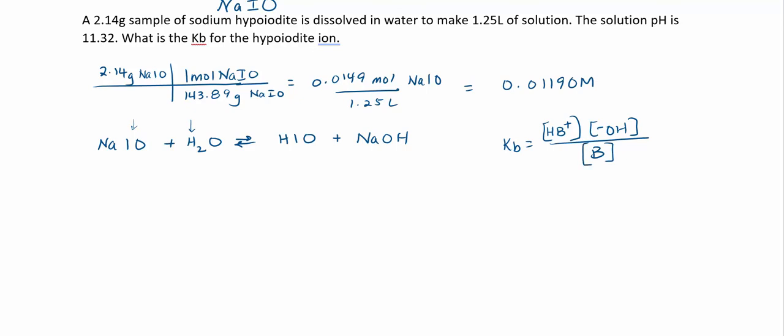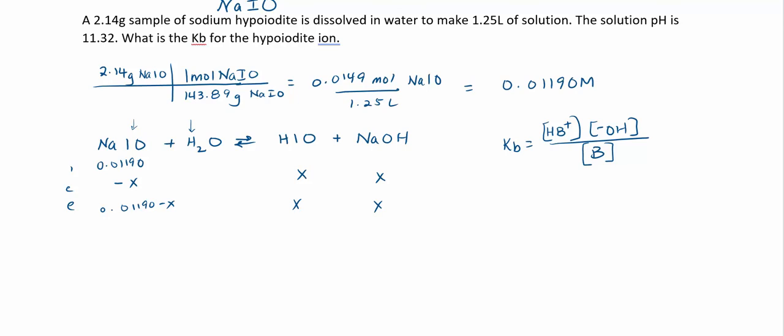Initially, I start with 0.01190 moles of this, and it's going to change by some amount X, which is going to increase each of these products by some amount X, so that at equilibrium, because I am making an ICE table, I should have 0.01190 minus X of my sodium hypoiodite, and I should have the amount X of both my base and my weak acid, which is really what it is.